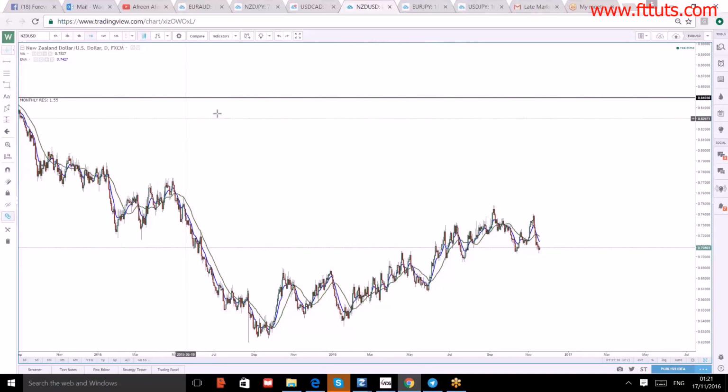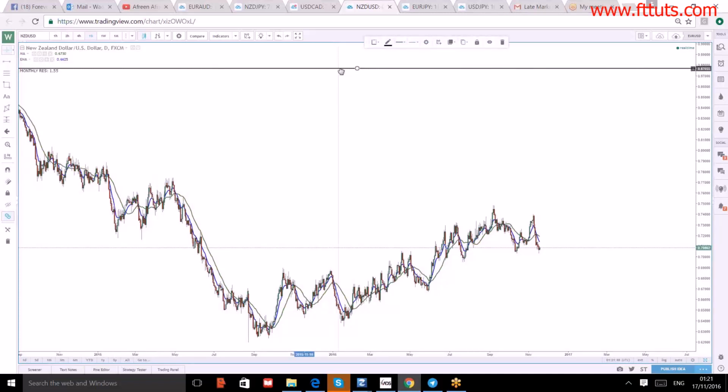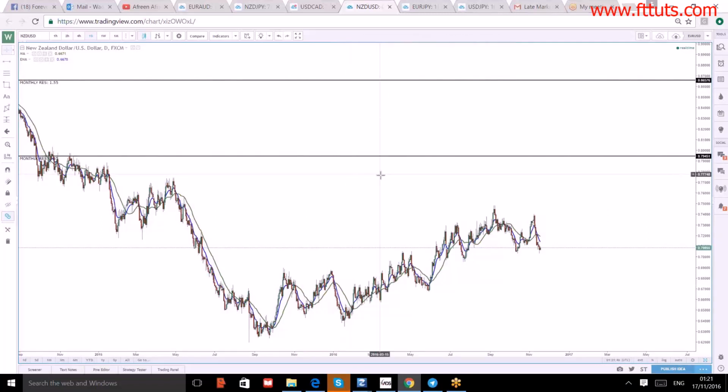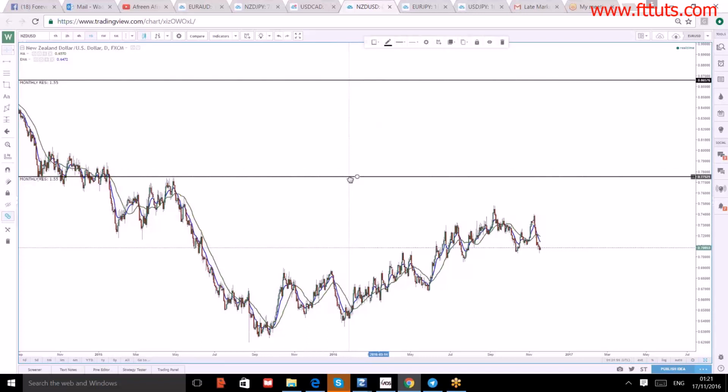Agreed? Imagine this is a horizontal support and resistance, and that is again horizontal support and resistance. Does everybody understand so far? Okay, let's name them, because I already set out the topic of this discussion today.